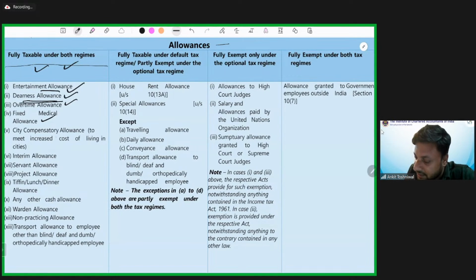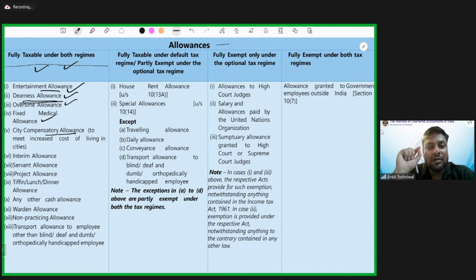City compensatory allowance, what is this? You are working in Jaipur, Rajasthan, right now. But for some reasons, your transfer takes place and you are transferred to Maharashtra, Mumbai. While your salary remains the same, you got transferred to Mumbai.